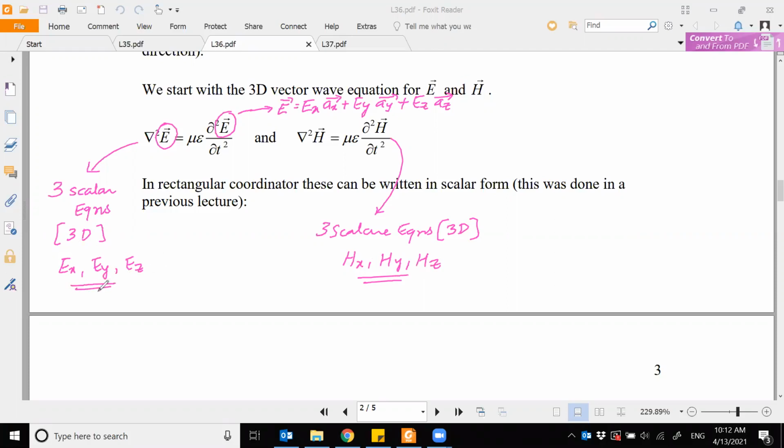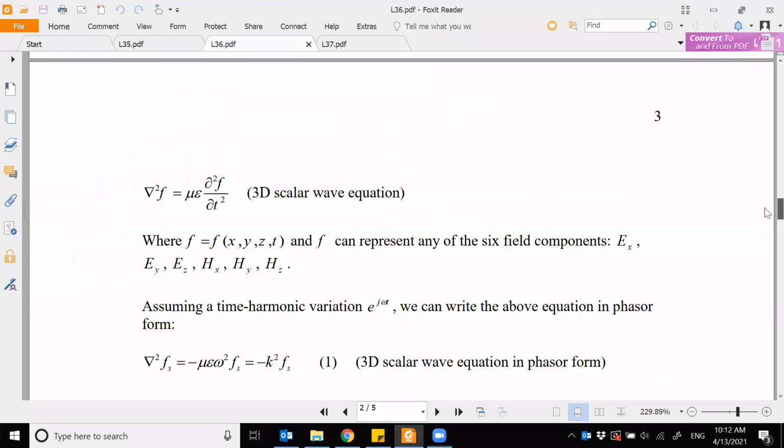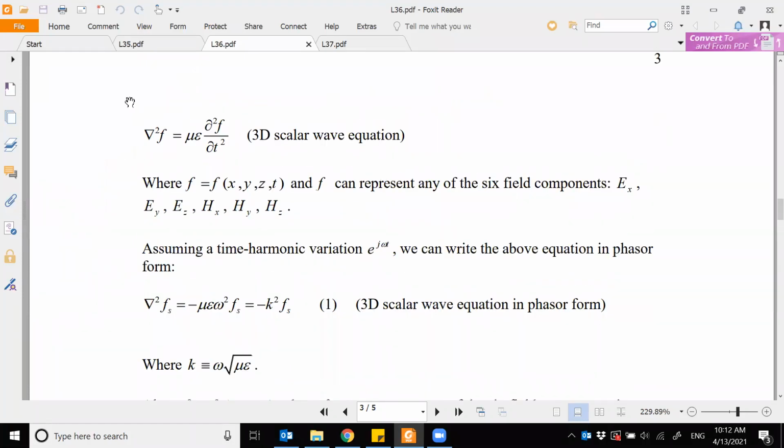And then all these 6 equations, guys, if you remember, we wrote them in a form like this. Remember, del square F is mu epsilon dou square F over dou t square.